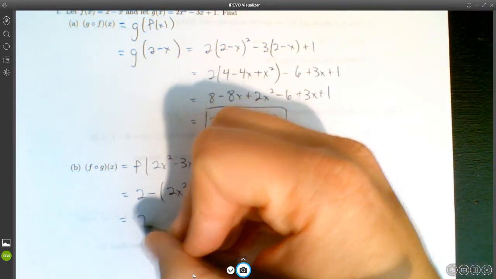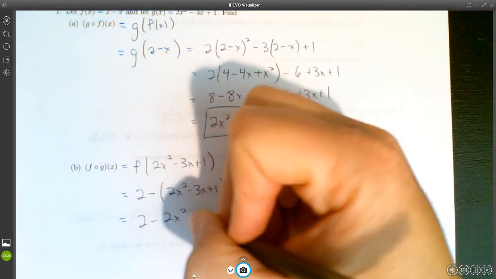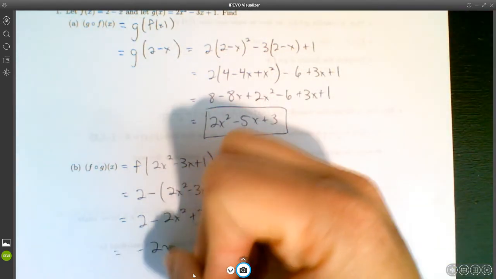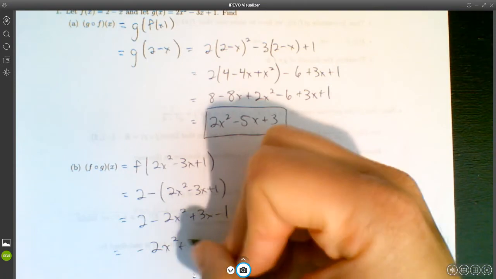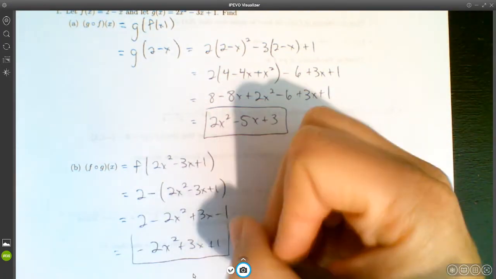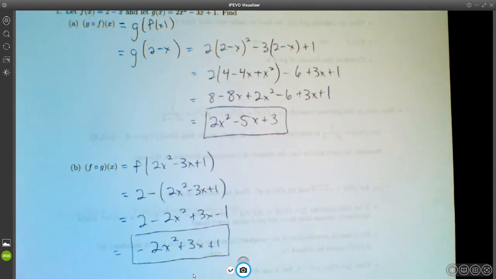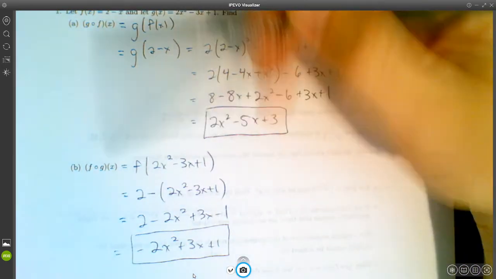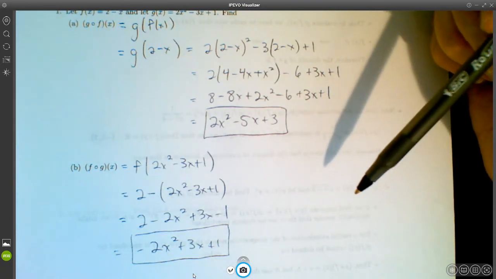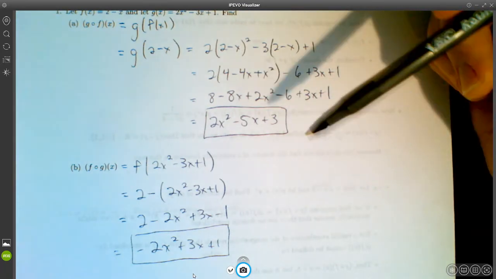So that's 2 minus 2x squared plus 3x minus 1. So that's negative 2x squared plus 3x plus 1. One thing that you'll notice is that the order of composition makes a big difference in the way the function ends up looking. So g of f is not the same thing as f of g.